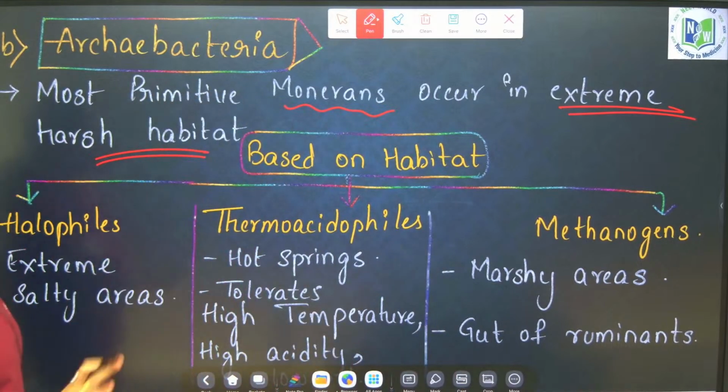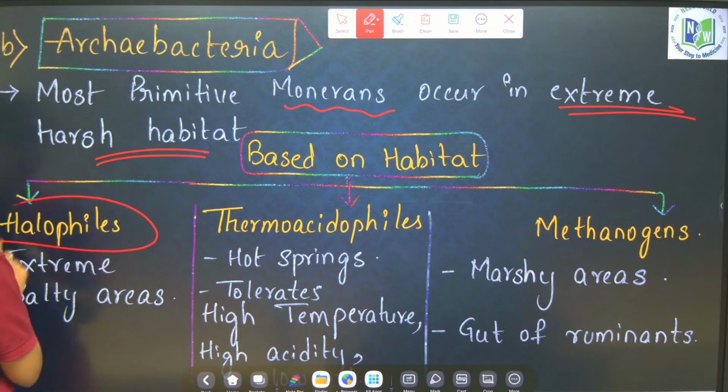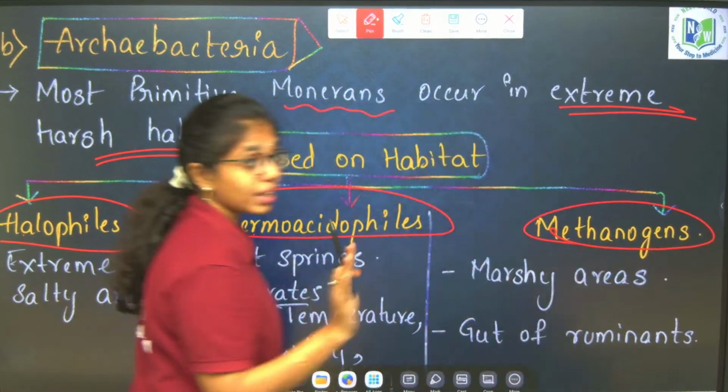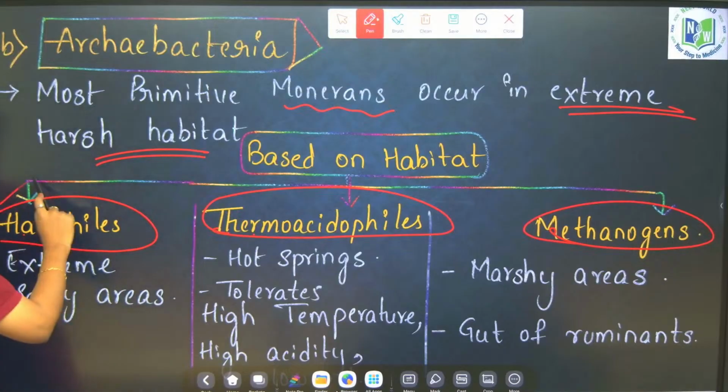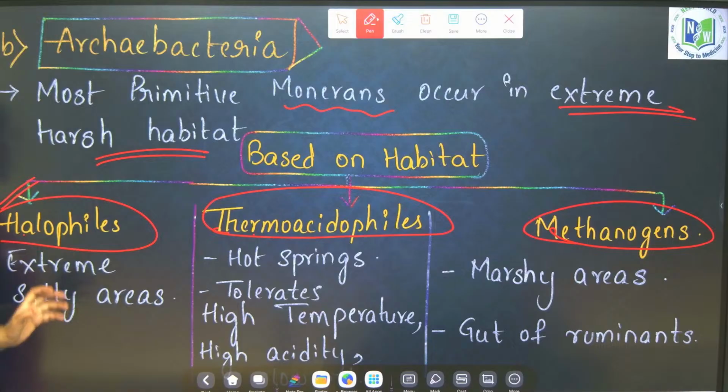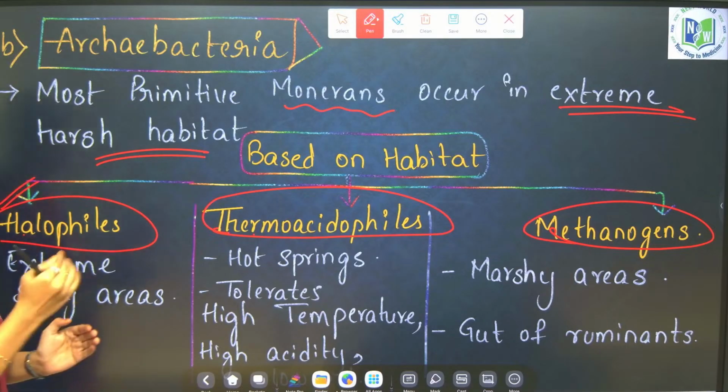So, based on the habitat we have halophiles, thermoacidophiles and methanogens. Halophiles, those Archaebacteria, grow in extreme salty areas.